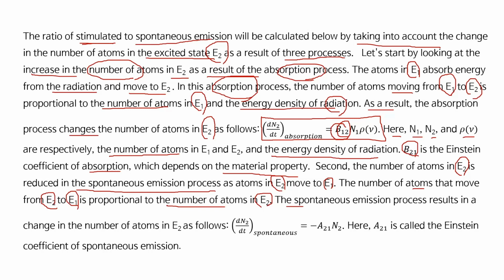Thus, the spontaneous emission process results in a change in the number of atoms in E2 as follows. This relationship here, A21 is called the Einstein coefficient of spontaneous emission.